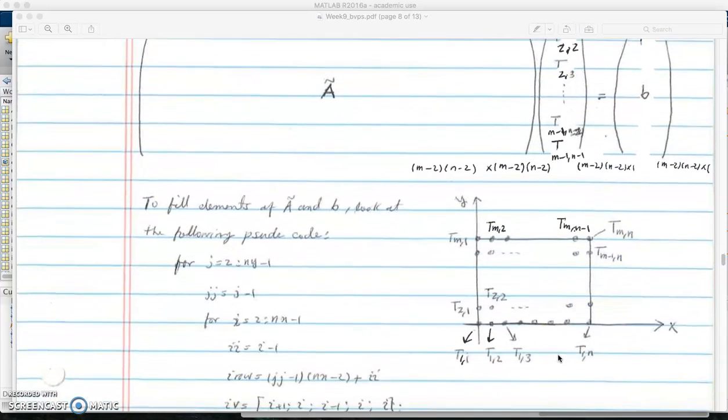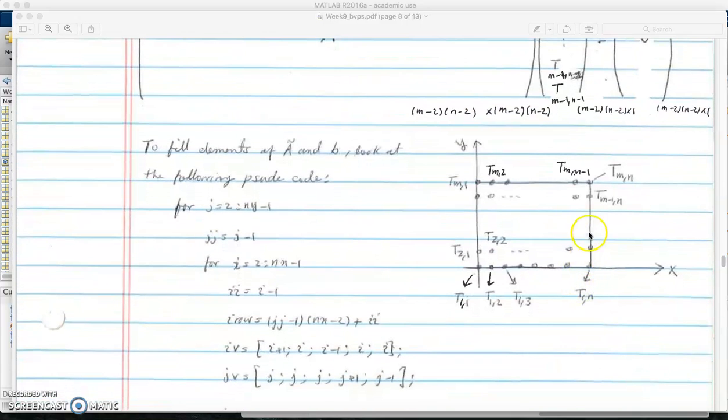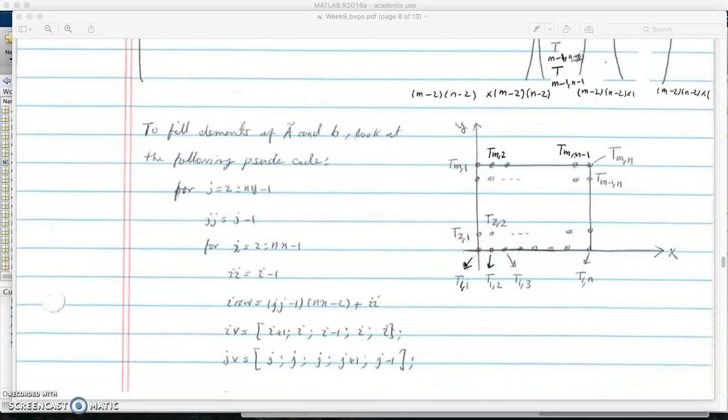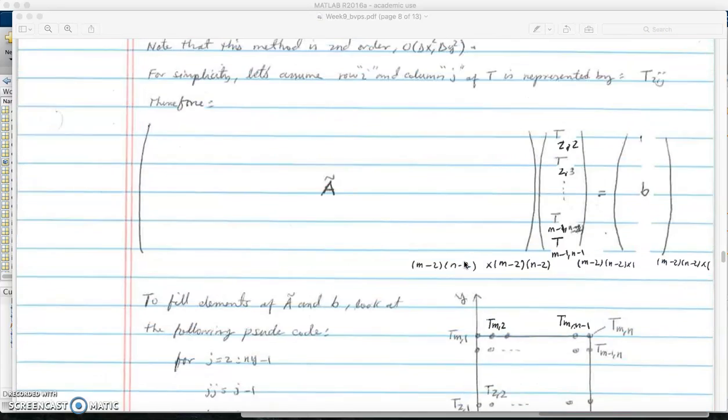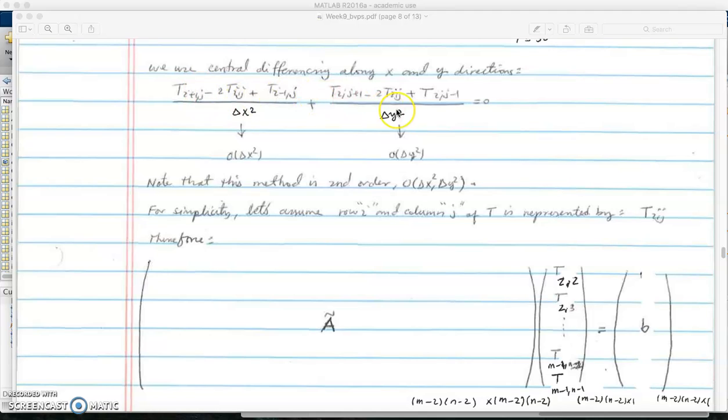Alright, so here's the grid that I was talking about. We're going to have n points along the x and m points along the y. So this is what it is. The way to assemble this is, we're looking at this, we see that we only have 5 unknowns contributing to every equation.